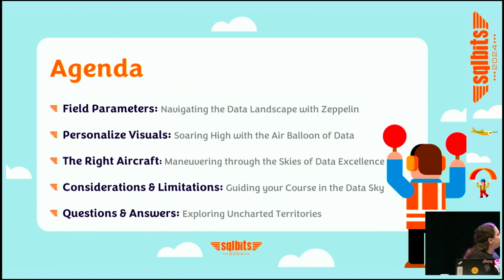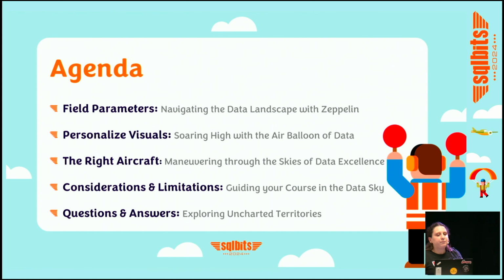And the personal visuals will be an air balloon flight. And we will explain why we chose these aircraft for each of these approaches. So the idea is to show what these are, and then discuss a little bit why and when we choose one of them for specific scenarios.